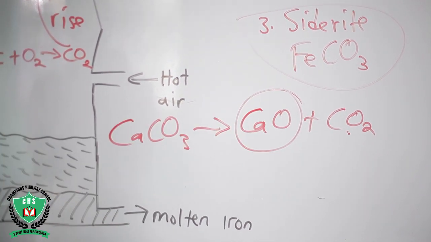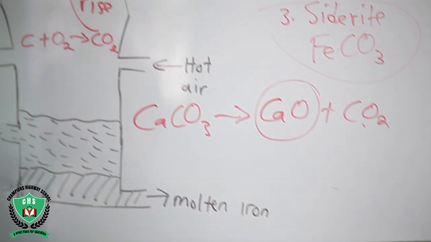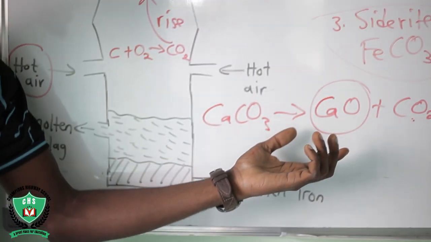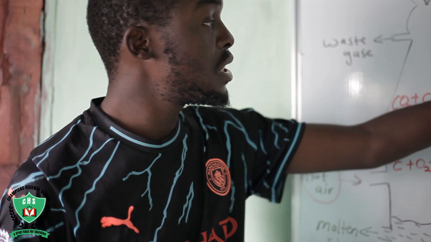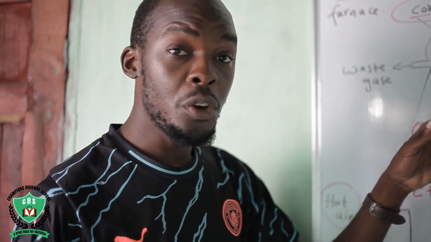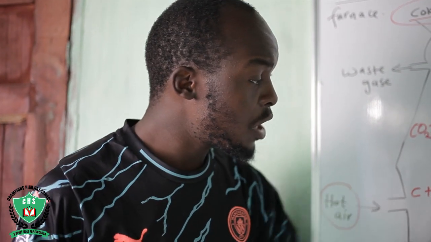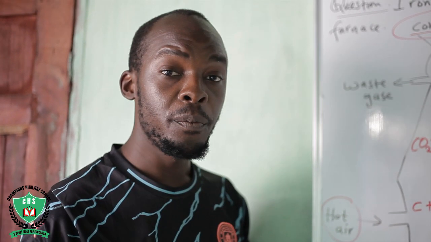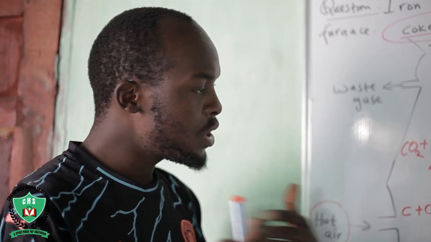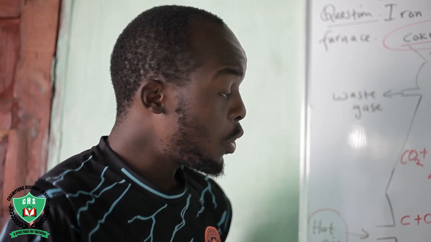What this calcium oxide actually does is react with the impurity that is with the iron. So the calcium oxide that is produced will just help to remove the impurity with the iron.